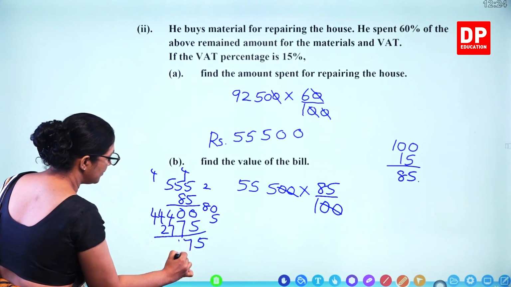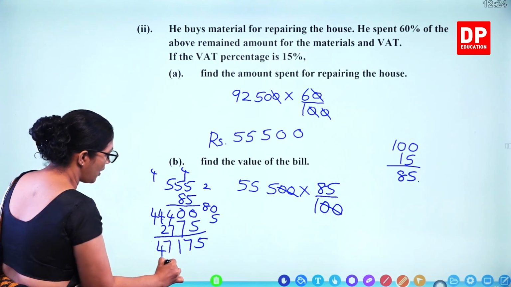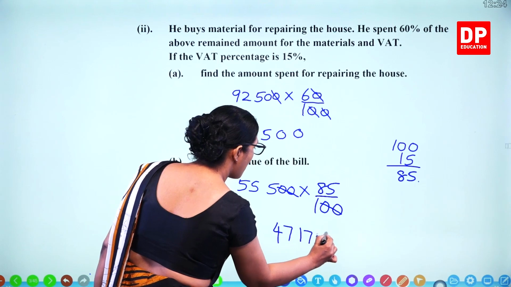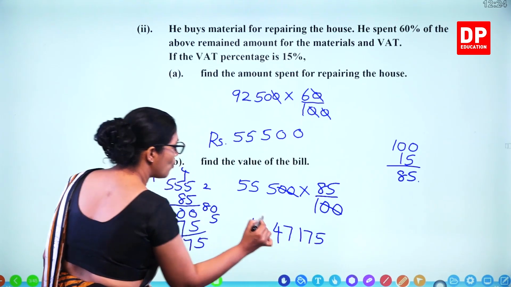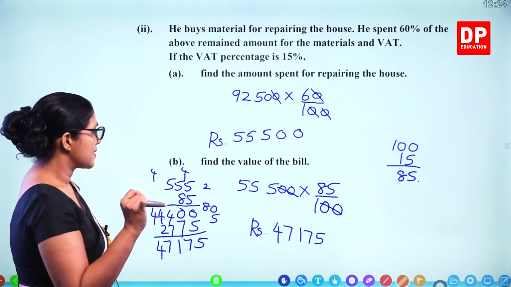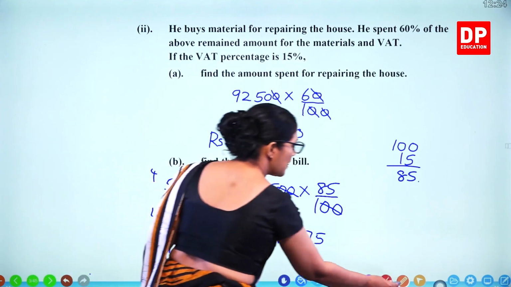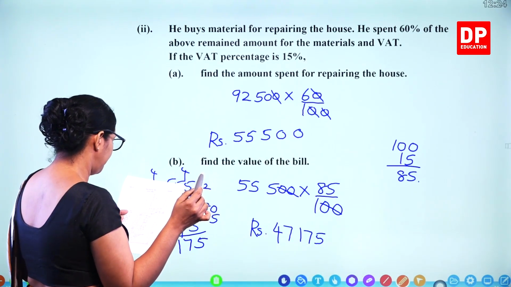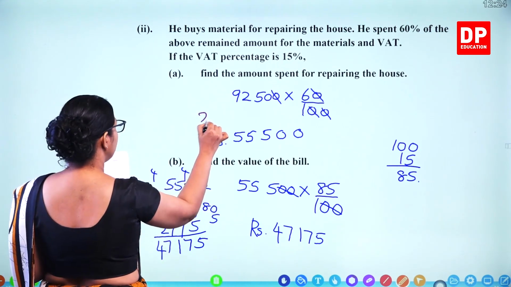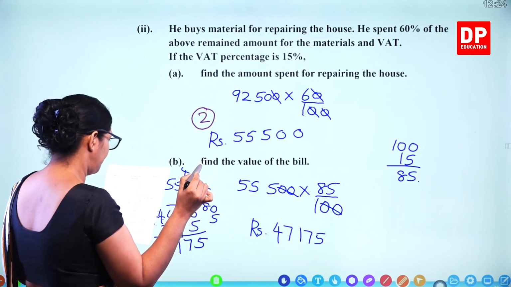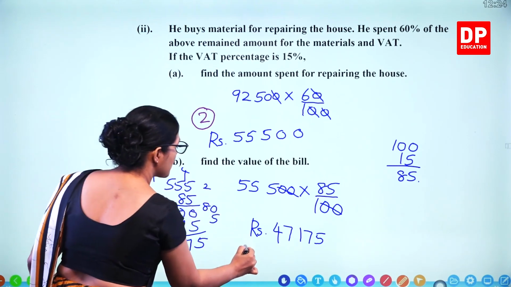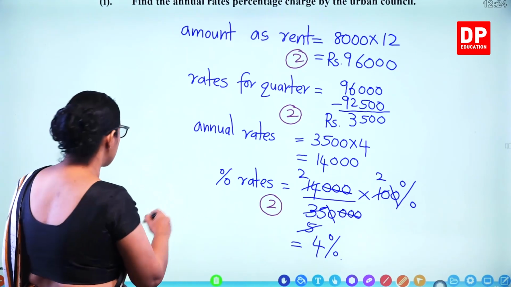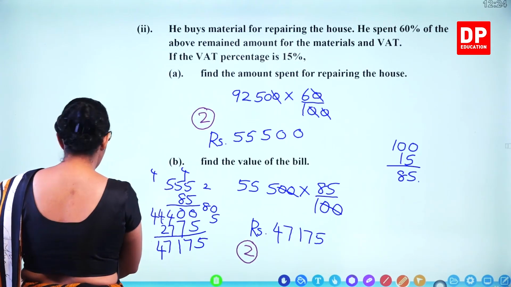Add it together, you get 47,175 is the bill amount without the tax. So we'll see how many marks for that. You are getting 2 marks for this part. So 2 and 2, 4 and 6, 10 marks for that question.